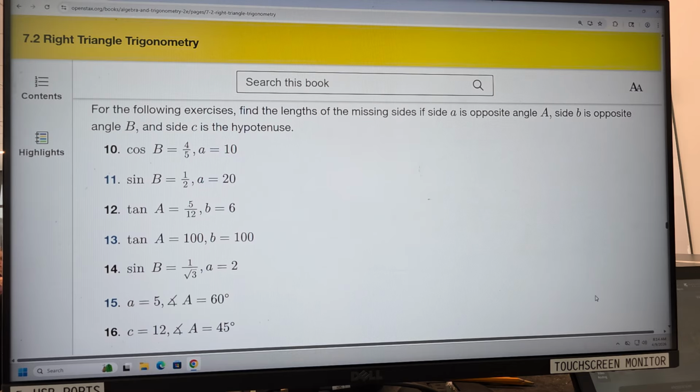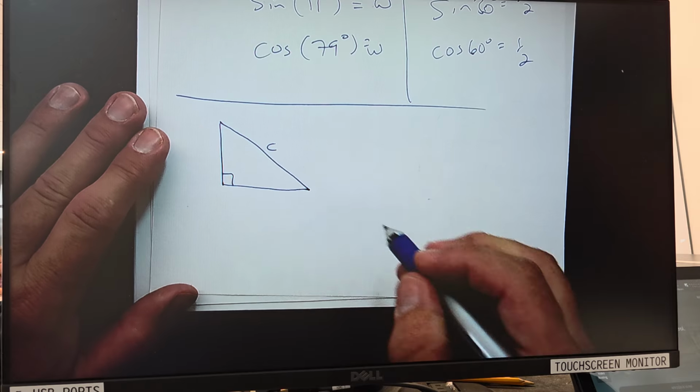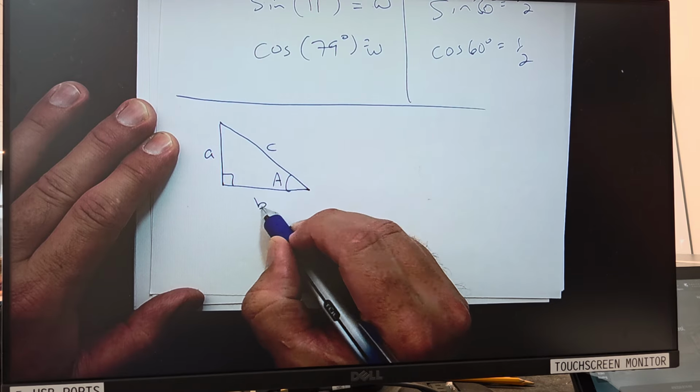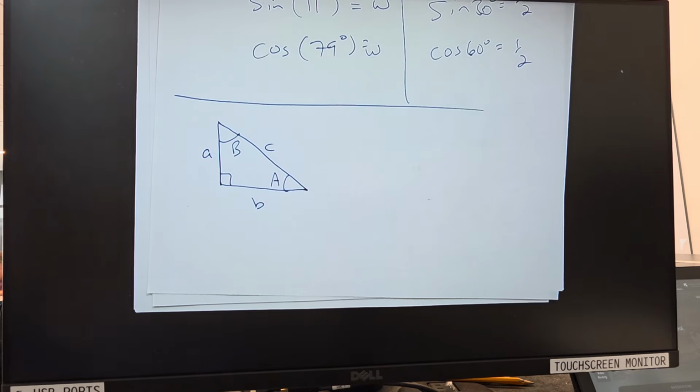Cosine B is 4/5. You can draw a representative triangle from that, yes? So first off, when you draw triangles for this section, the most important thing is that this is C. If this is A, this is A. If this is little b, this is big B. That's the most important thing.